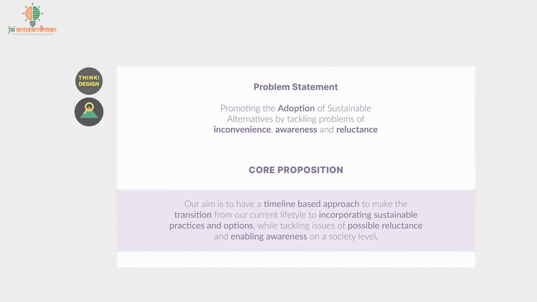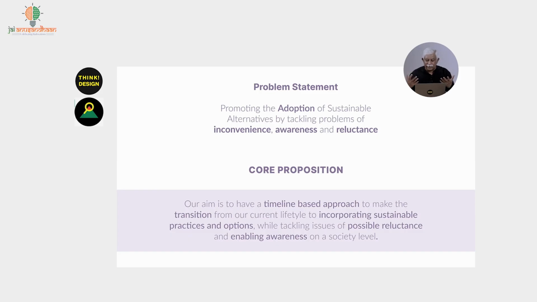So they redefined the problem statement to say that we'll promote the adoption of sustainable alternatives by tackling problems of inconvenience, awareness and reluctance. So the proposition was they thought of a time-based approach to make the transition from what the current lifestyle is to incorporating sustainable practices and options.